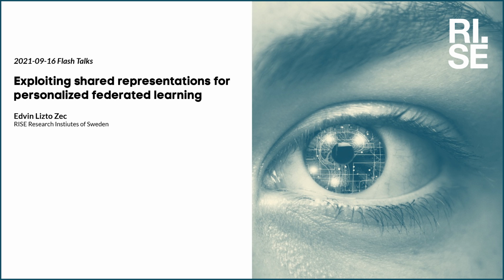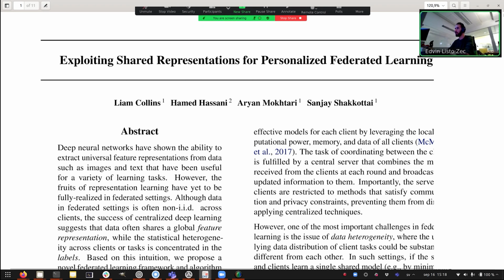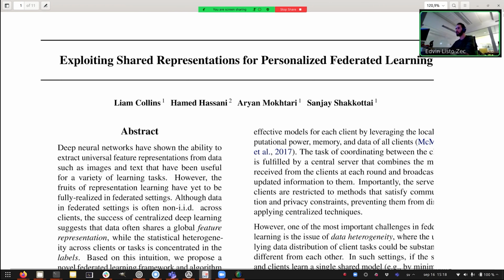The name of the paper that I will talk about is called Exploiting Shared Representations for Personalized Federated Learning. Before I go into that, I will briefly go over what federated learning is for those of you who are not familiar with it. Federated learning is a framework developed by Google in 2016 for distributed machine learning, more specifically for decentralized machine learning, where data is decentralized in many different clients, for example, mobile phones.